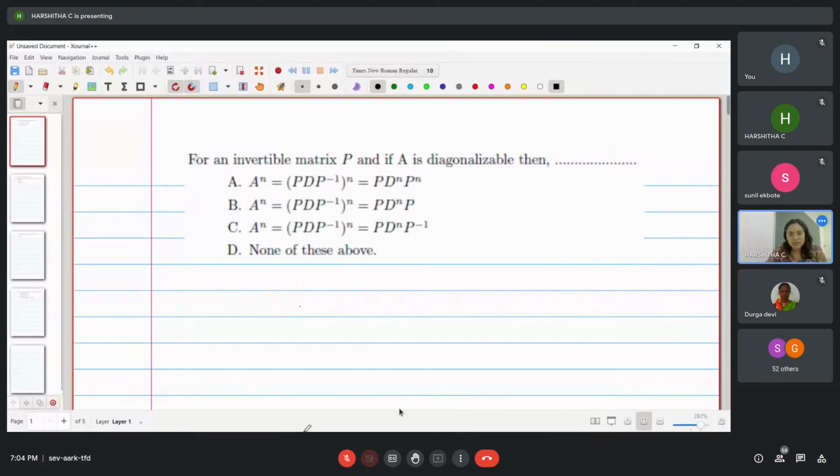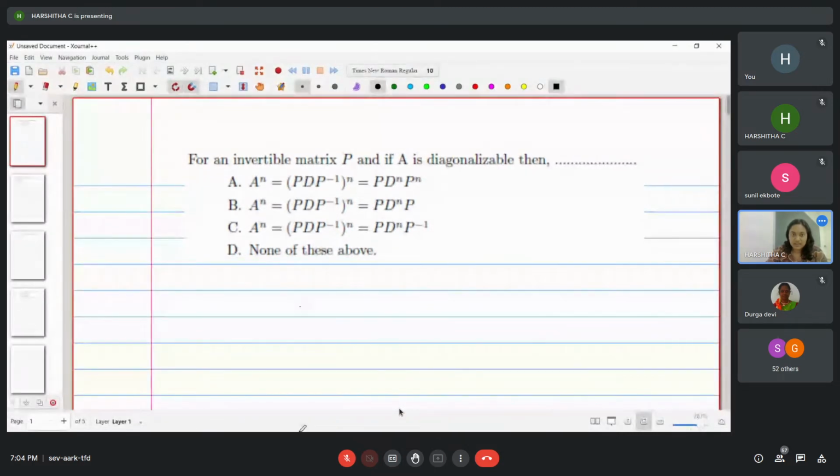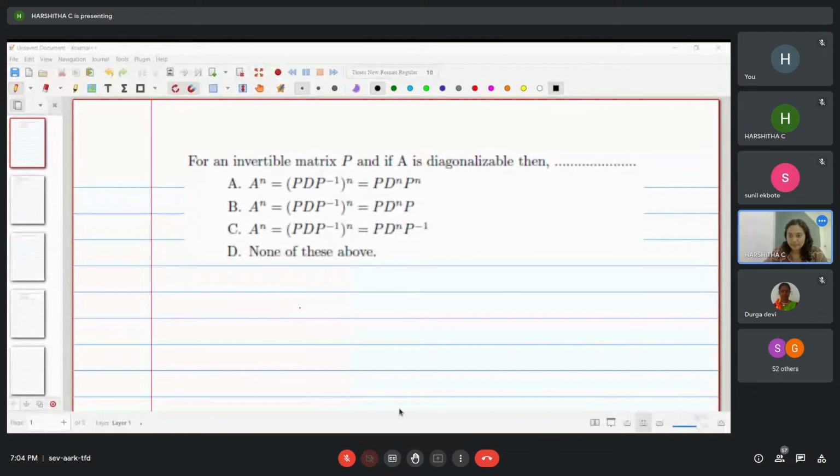So I would like to rephrase the question. If A is a diagonalizable matrix, then for some invertible matrix P, which of the following holds true? That would be a better way of asking the question. Does anybody want to guess an answer?